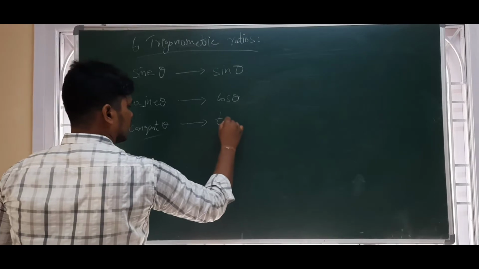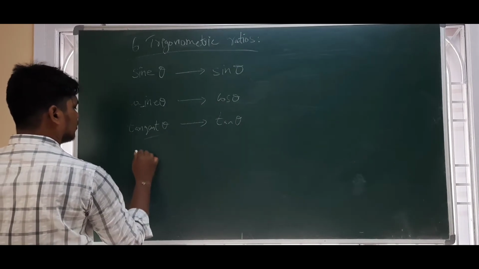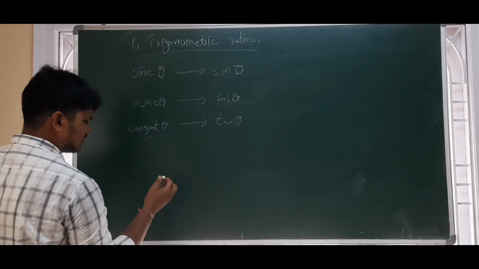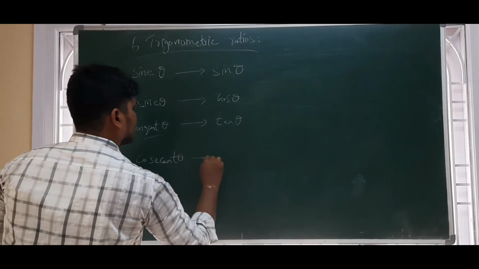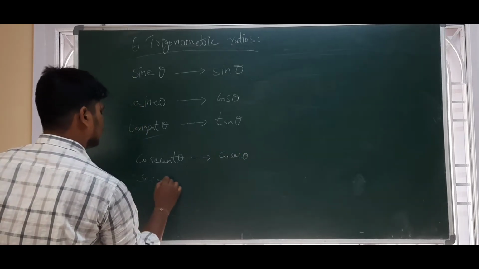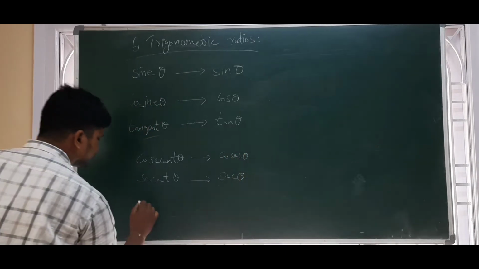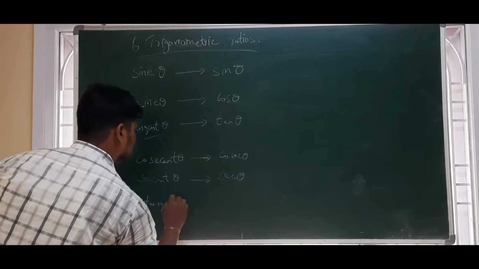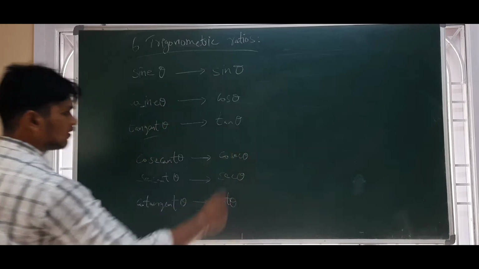Tangent theta, shortly written as tan theta. Cosecant theta, shortly written as cosec theta. Secant theta, shortly written as sec theta. Cotangent theta, shortly written as cot theta.